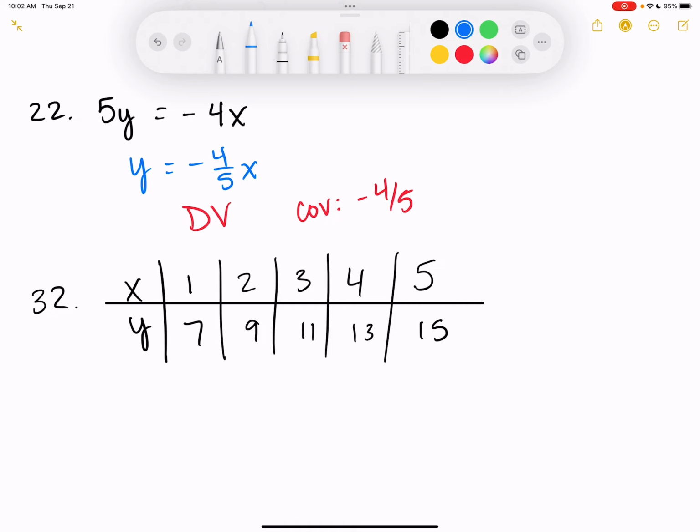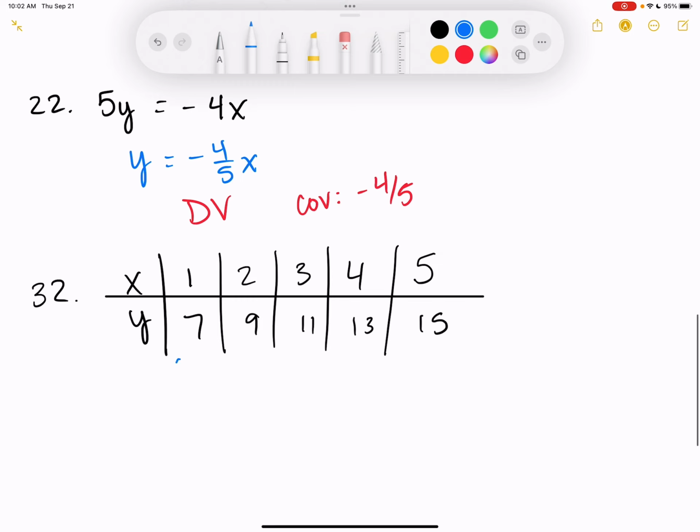Same thing as whatever it was last. Well, so kind of, but we're going to see if we have direct variation or not. So we're going to test. We're going to plug in for x and y, and we're going to see what a is. A should be the same across every point if it is direct variation.